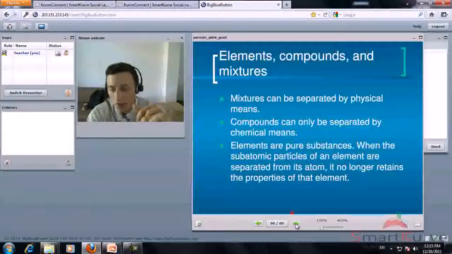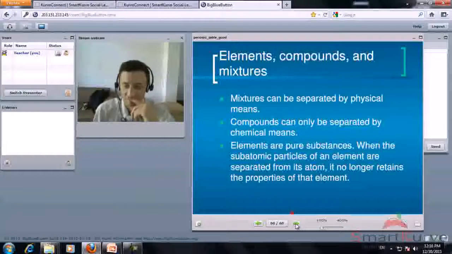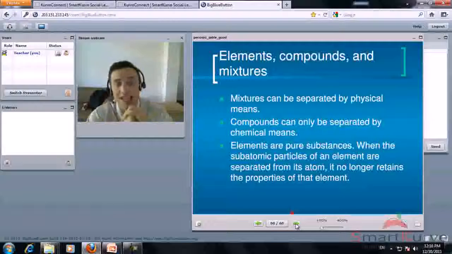Elements are pure substances. When the subatomic particles of an element are separated from its atom, it no longer retains the properties of that element. If you could somehow take a proton away from a sodium atom, remember sodium atomic number 11, it has 11 protons.